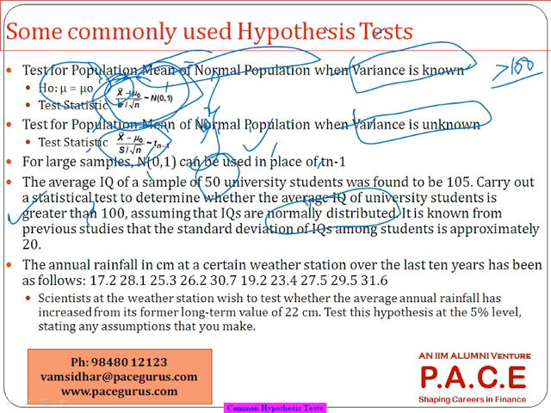It's also said that from previous studies, the standard deviation is approximately 20, which means the population standard deviation is known. So I will be using the first mechanism, where the test statistic is the sample mean minus the hypothesized mean divided by sigma by root n. That will follow a standard normal distribution.